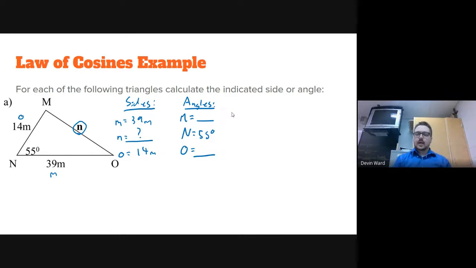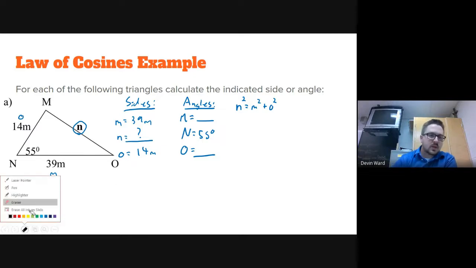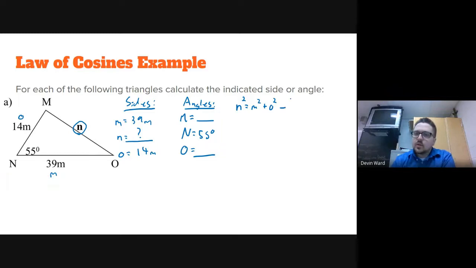Instead of A, B, or C, we're going to use N, M, and O. So you put the side that you want, n squared equals the other two, m squared plus o squared, minus 2mo times the cosine of the letter that we're looking for, cosine of N.